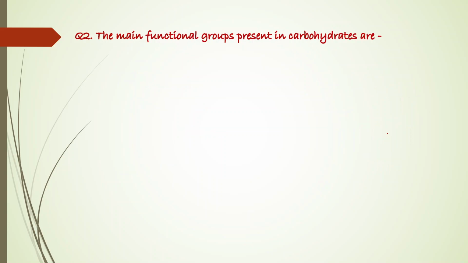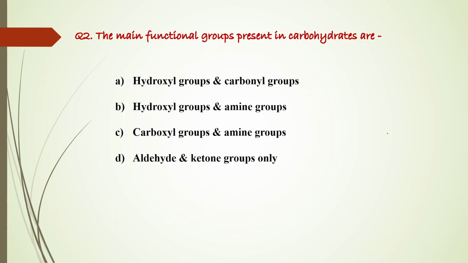Moving to the next question, it states: the main functional groups present in carbohydrates are. So there are 4 options again. You have to identify the main functional groups present in carbohydrates. Please do try to write your answers in the chat box. Meanwhile, I am explaining. We are dealing with carbohydrates.